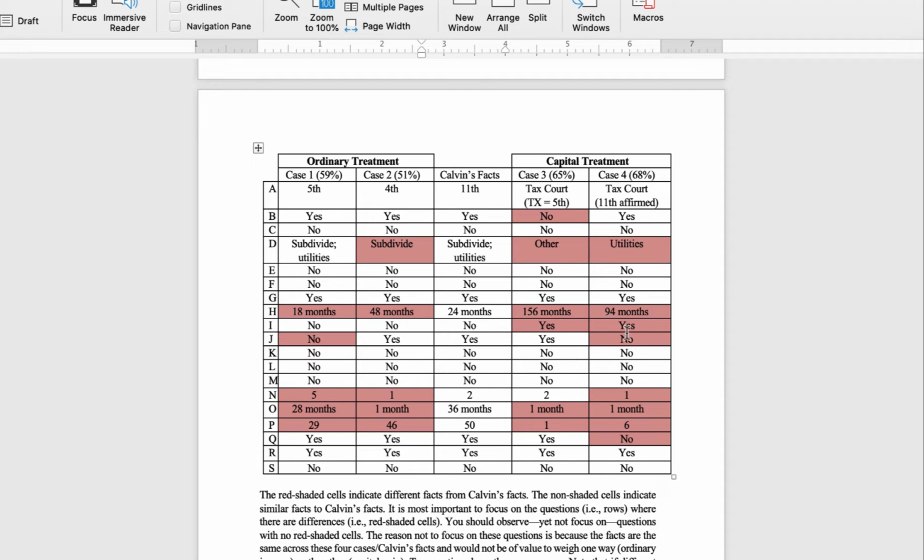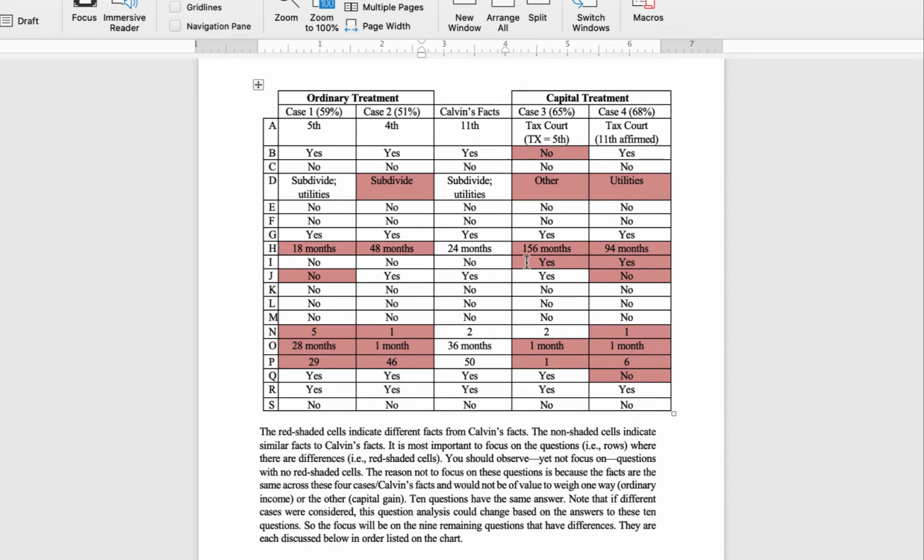Of the 19, a row where there is a red means there is a difference in at least one of the cases compared to our facts and the facts of the other 3 cases. So I would highlight in red a cell that provides a difference, and that would be the 9 different factors where there are differences.